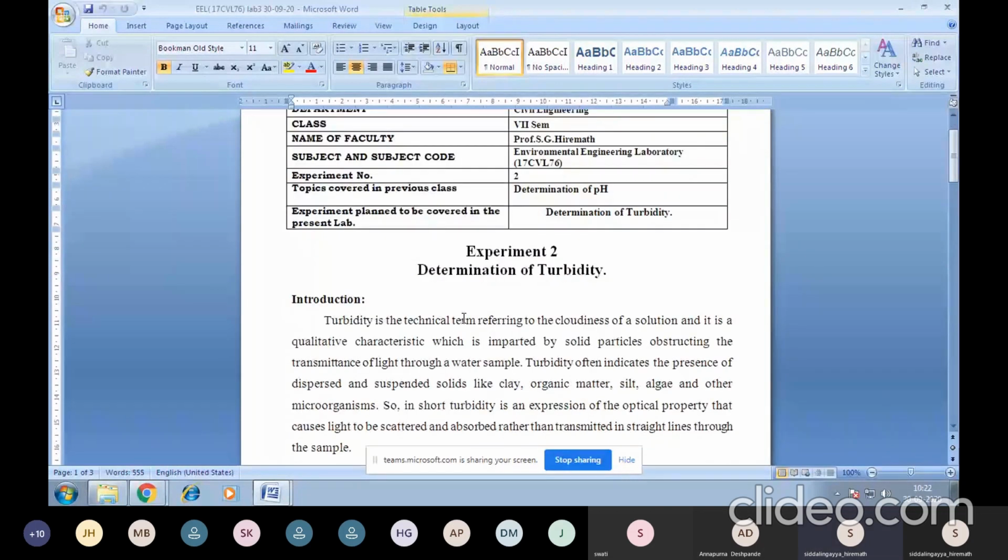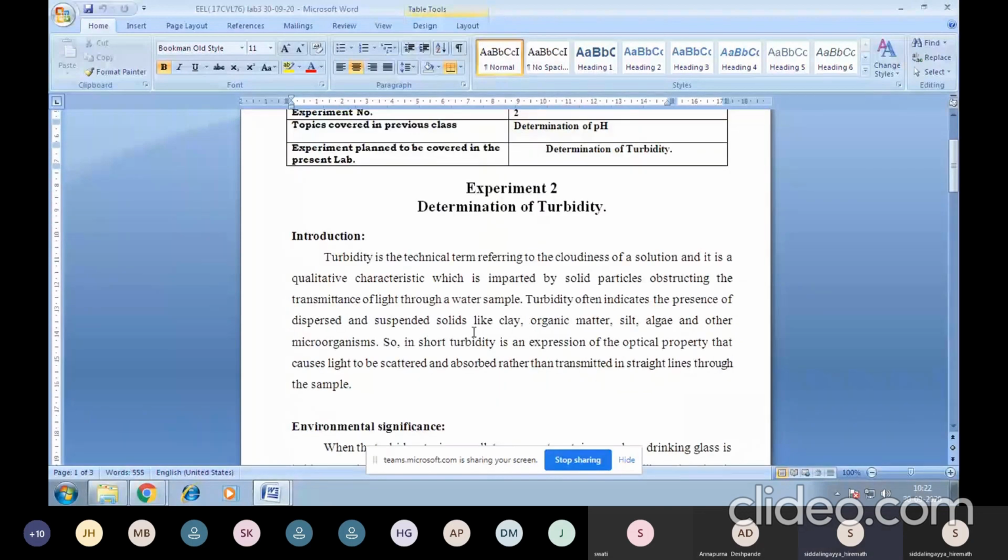Now, let me discuss general points about turbidity. Turbidity is the technical term referring to the cloudiness of a solution, and it is a qualitative characteristic which is imparted by solid particles obstructing the transmittance of light through a water sample.